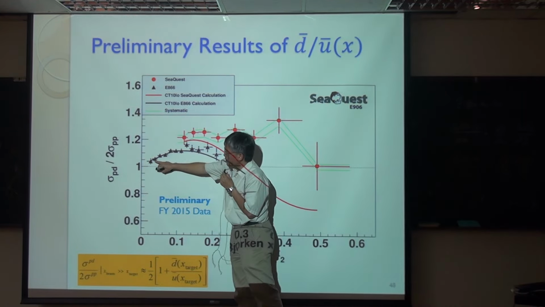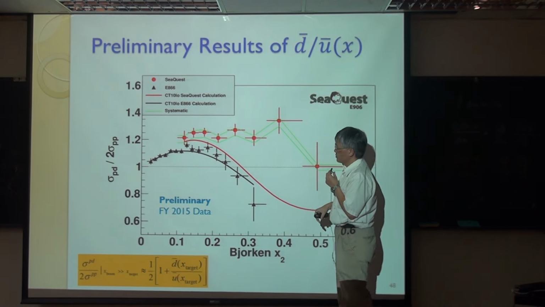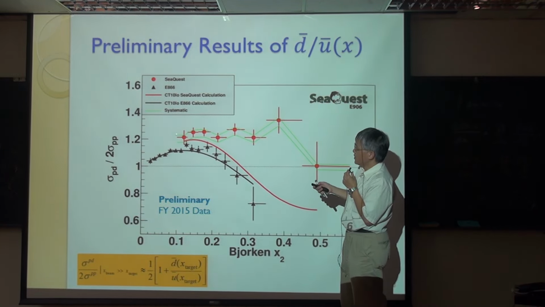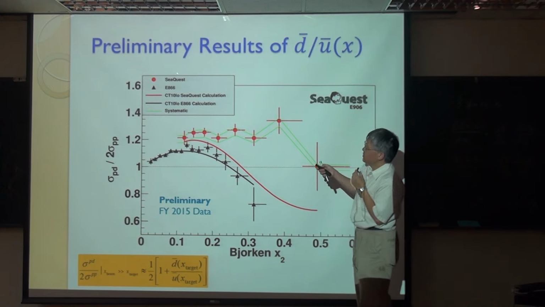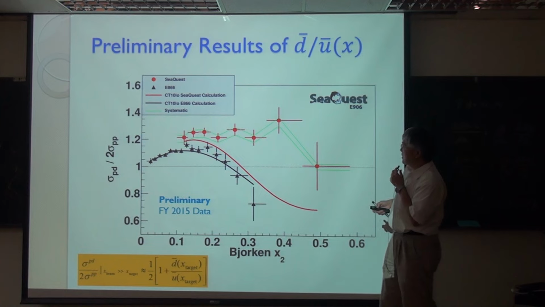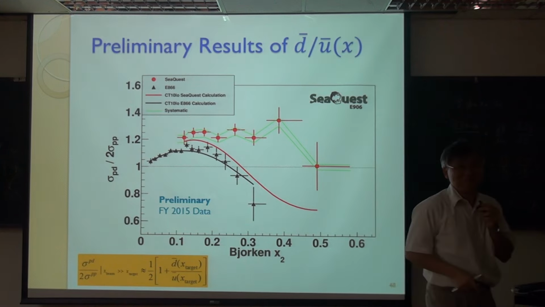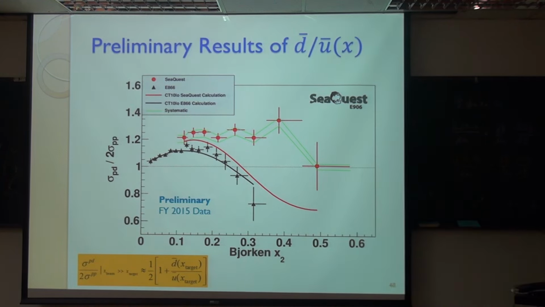Previously E866 measured this cross section, and this blue point is from our SeaQuest result. The systematic uncertainty is characterized by this green band here. It is a little bit surprising.